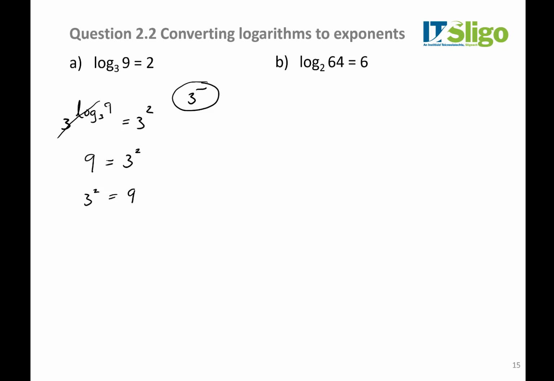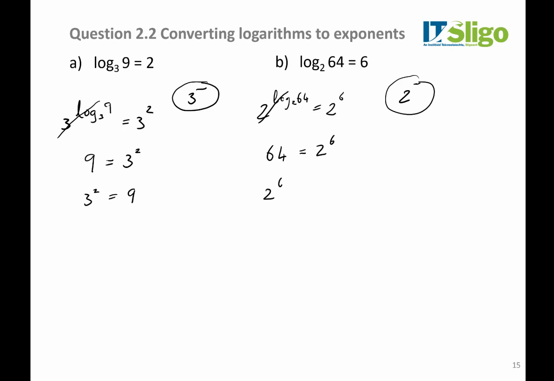Similarly here, guys, I need to kill my log to the base 2. So I'm going to raise both sides as a power on 2. And again, it becomes 2. So I'll do the easy side on the right first. And again, these kill each other off because we've designed that to happen.